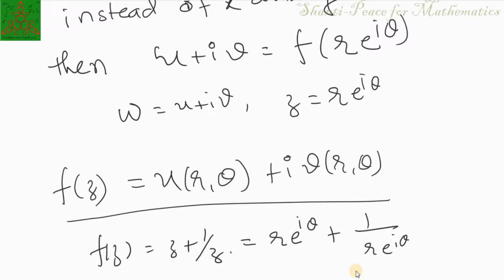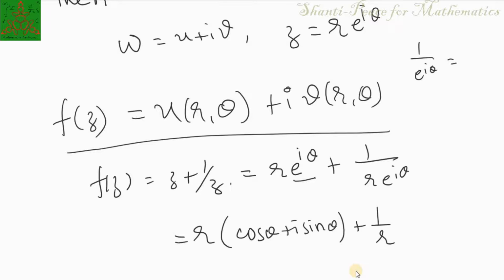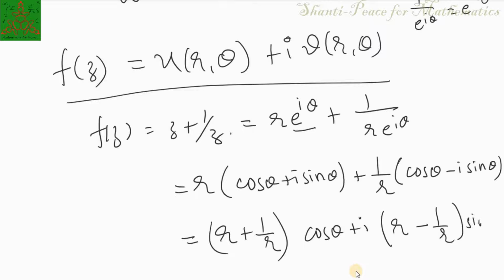You know that e power i theta by Euler's identity we can write as cos theta plus i sin theta, and 1 upon e power i theta can be written as e power minus i theta, so by Euler's formula we can write cos theta minus i sin theta. Now if you put together the real and imaginary parts, that will be (r plus 1 upon r) cos theta plus i (r minus 1 upon r) sin theta.